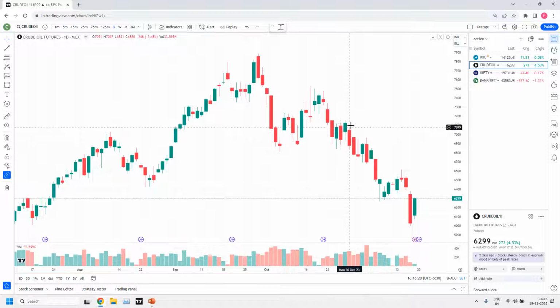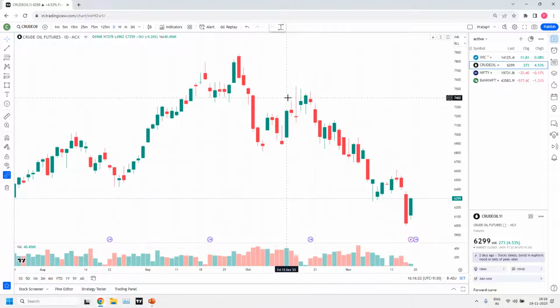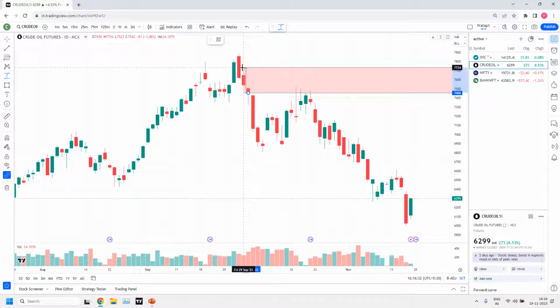So this is a crude oil chart. Here I can identify a drop candle and 2 base candles and again a drop candle. So let me draw the supply zone. This is the supply zone, and look into this leg out. This is much bigger than the other leg out candles.